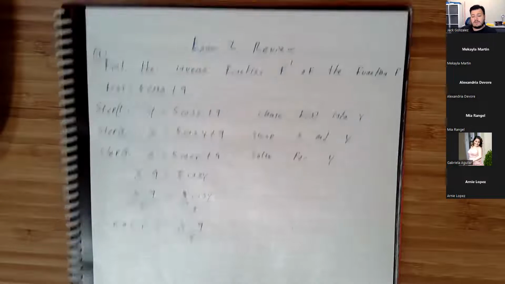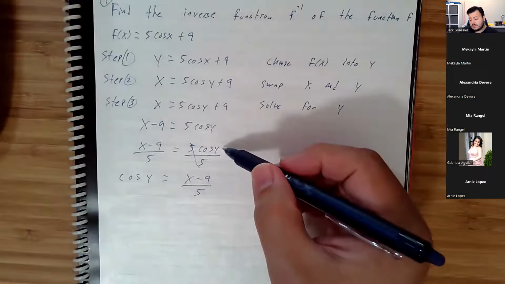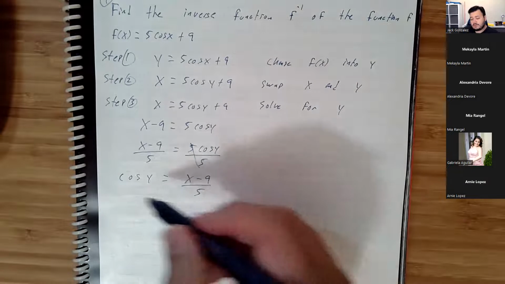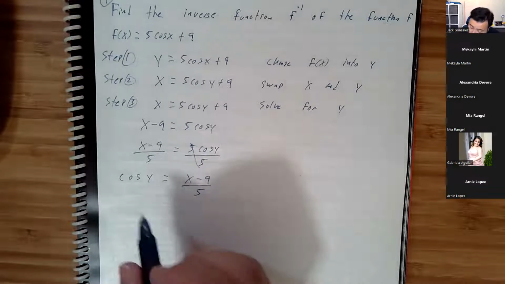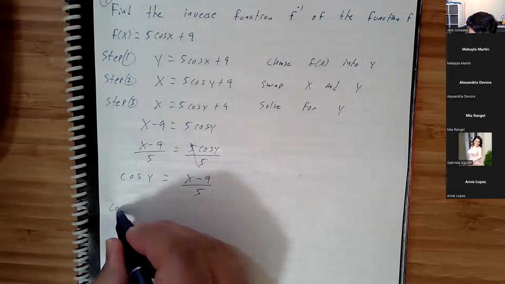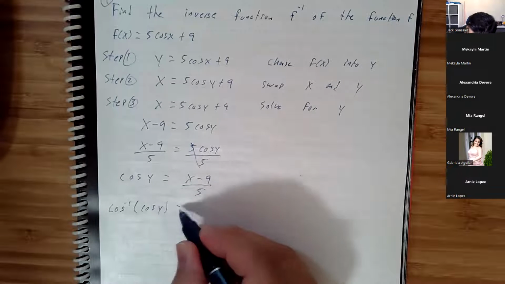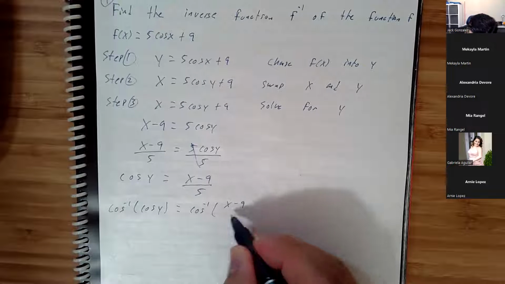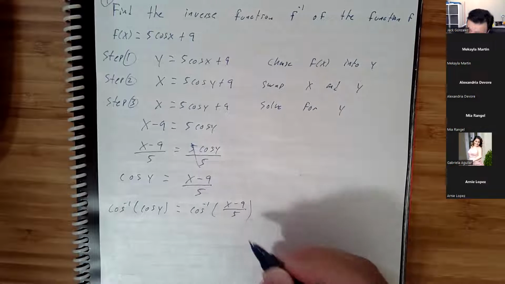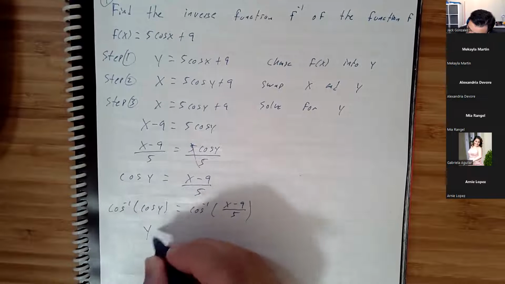I put the cosine on the left just because I want to, not because it matters. But at this point, you have to introduce arc cosine on both sides. That cancels your cosine. Now I have y solved for.